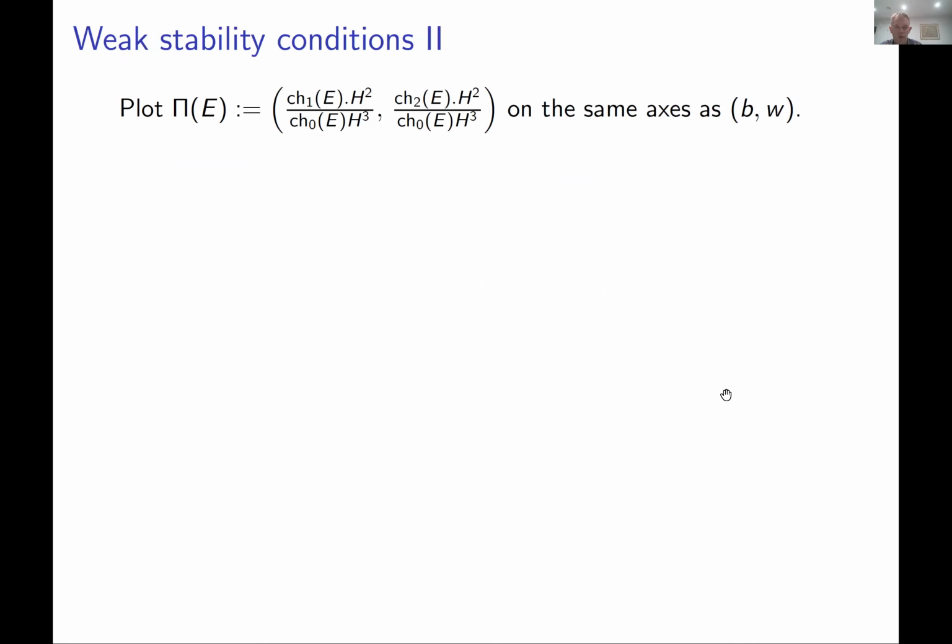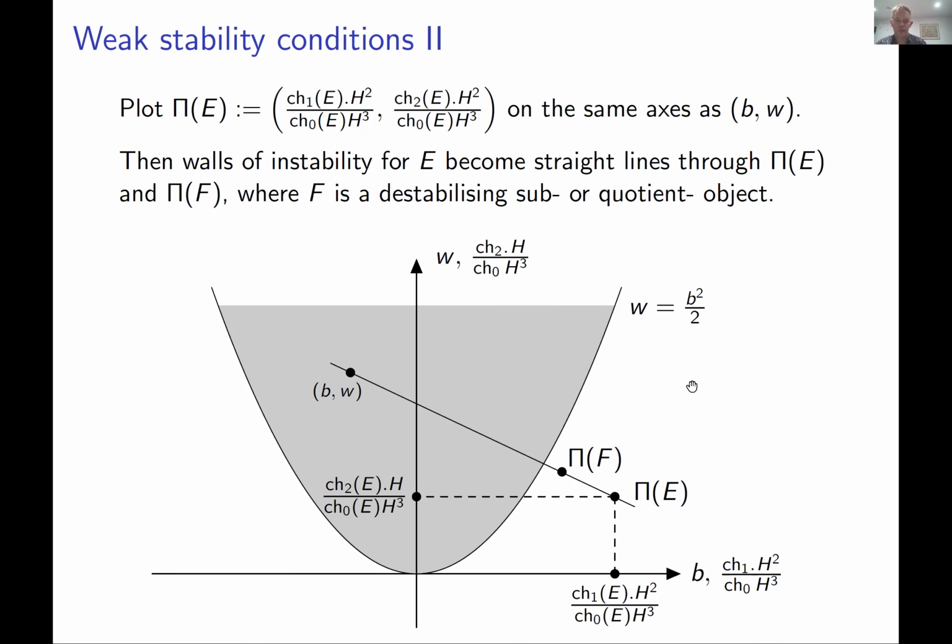Right. What I want to explain is sort of the geometry of this wall crossing. Okay, so you have to plot some pictures. So here's what we plot. We plot the slope of our charge, our class E, and its second Chern character on the same axes as our B and W. And the reason for that is we end up with a picture like this.